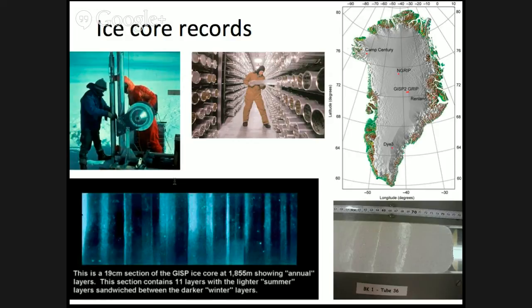In winter season, there's snow, which is whiter, and in summer season, there are dust aerosols falling down to the ice surface, which make the ice core darker. So people can discover information from these ice cores to discover the past climate.